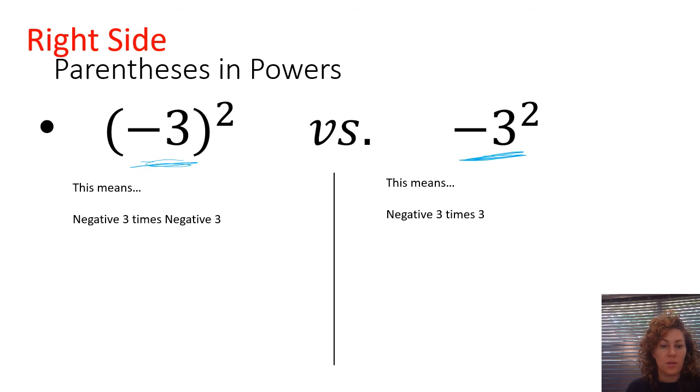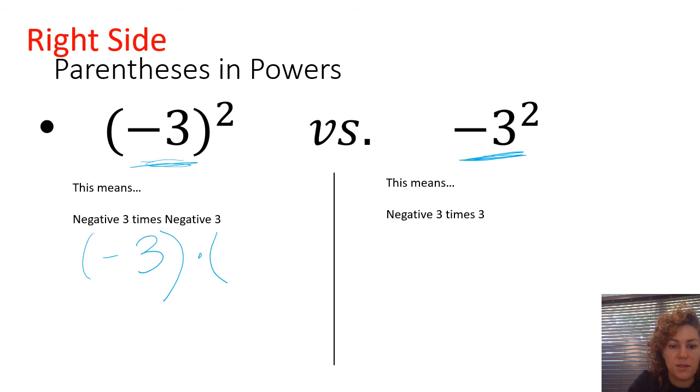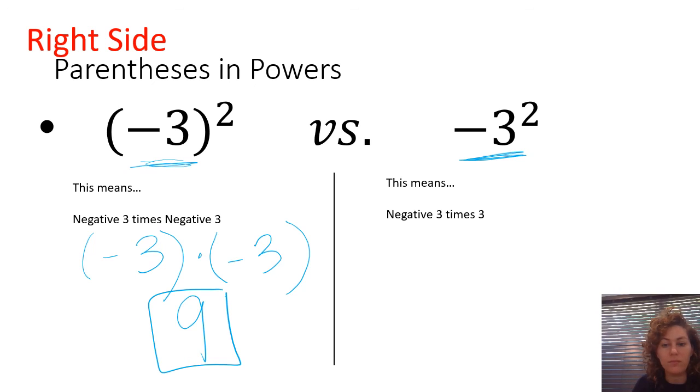So if the base is in parentheses, that means your base is negative. So you're going to be doing negative 3 times negative 3. So negative 3 times negative 3 is going to be positive 9. So that's your answer there.